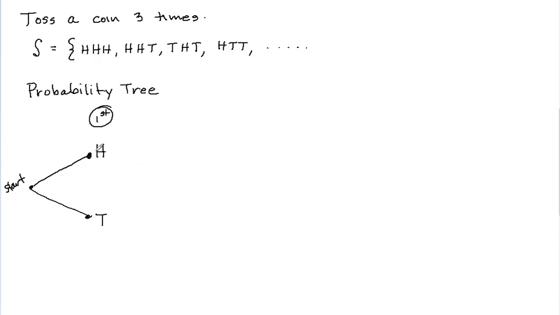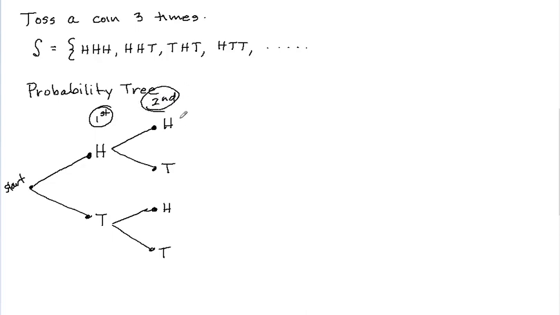Okay, then for each one of those, we're going to toss a second time. The second coin could be either heads or tails. And similarly here, either heads or tails. That's our second coin toss.